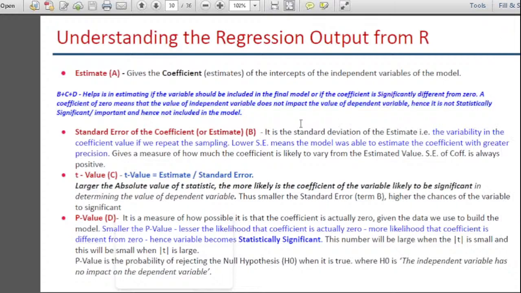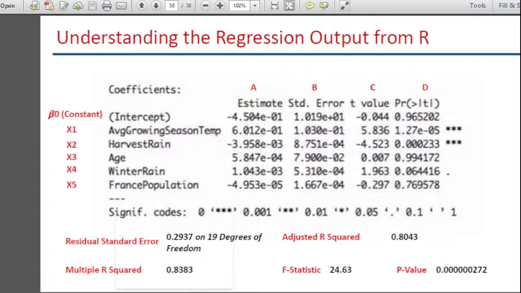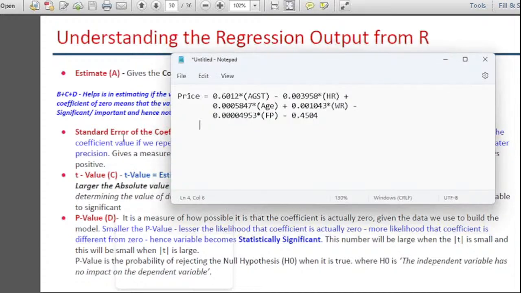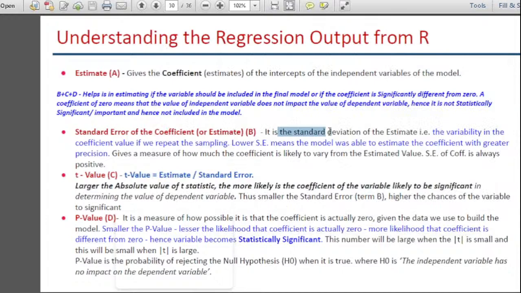Let's go further. B is the standard error. Standard error, as the term says, is the standard deviation of the estimate. If you calculate this over a period of time, what will be the standard deviation of each estimate?